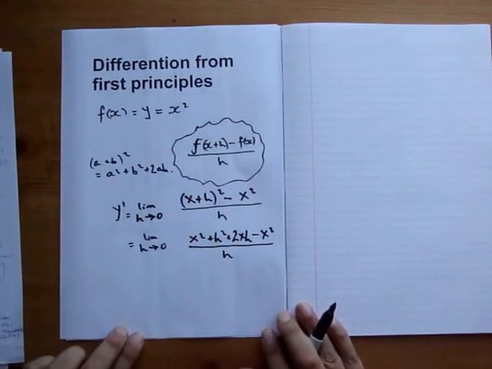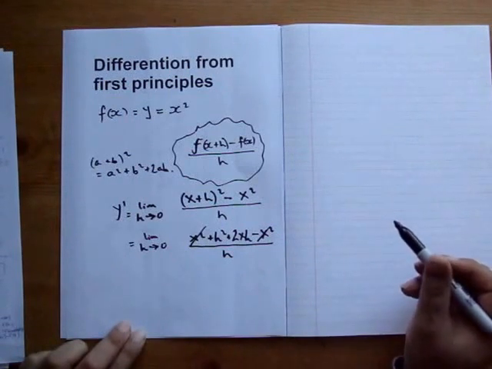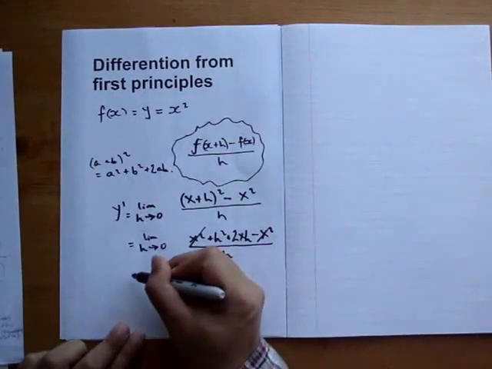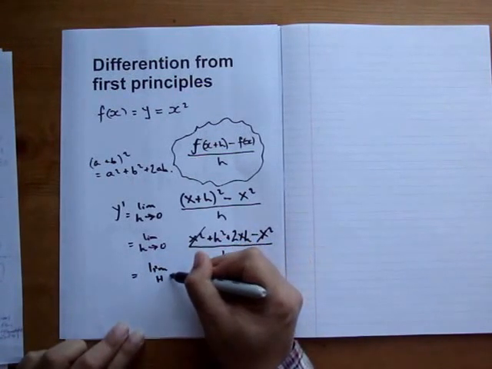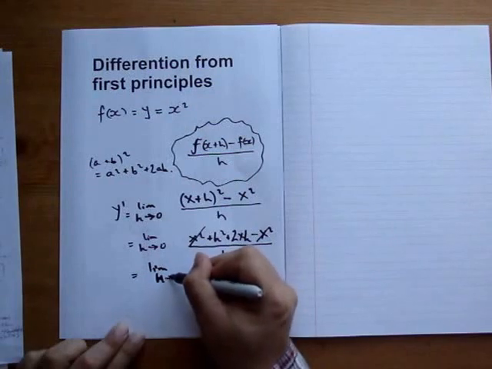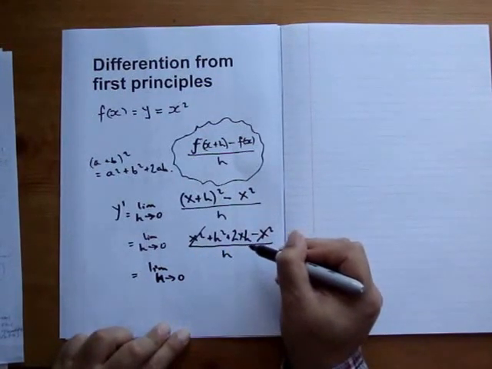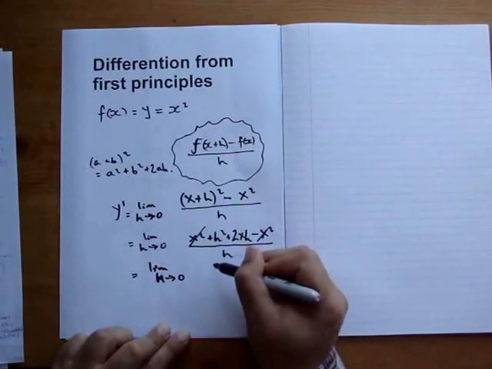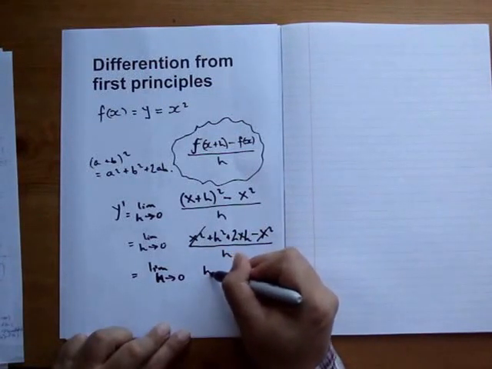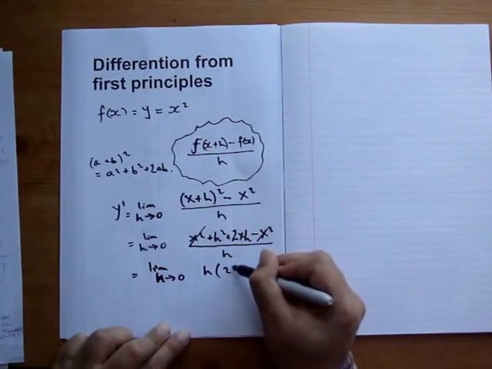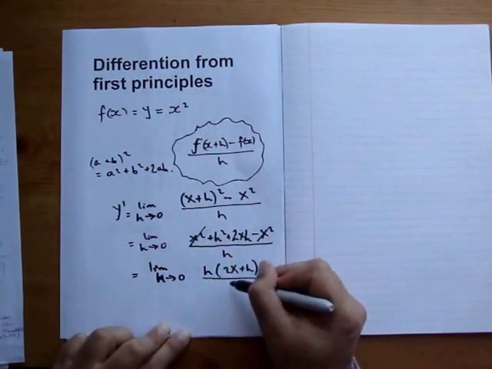Here we can cancel the x squared minus x squared, and we apply the limit as h goes to 0, we can factor out an h, 2x plus h all over h.